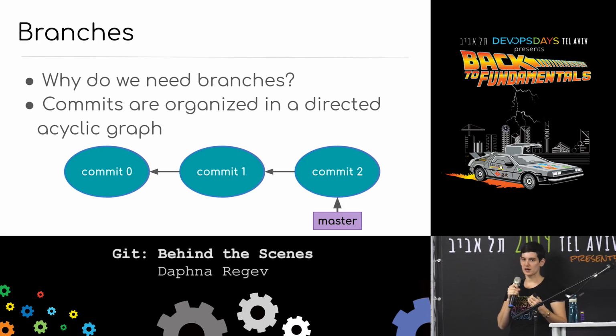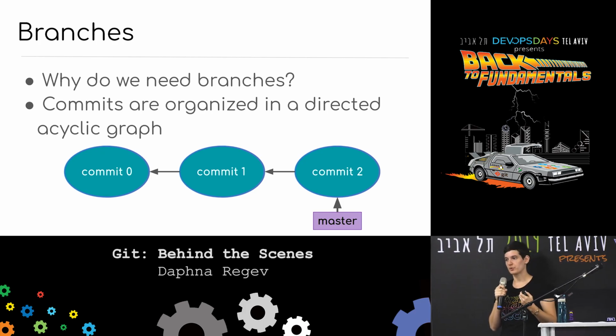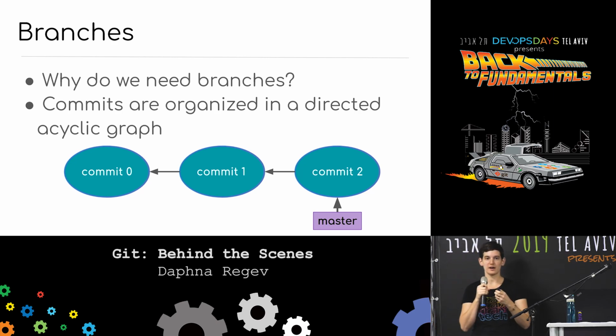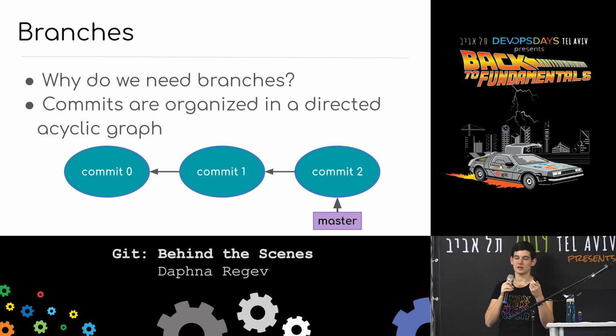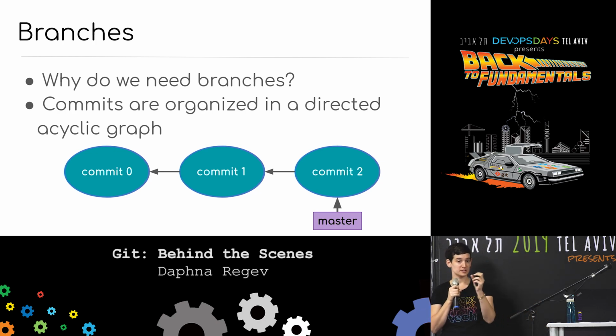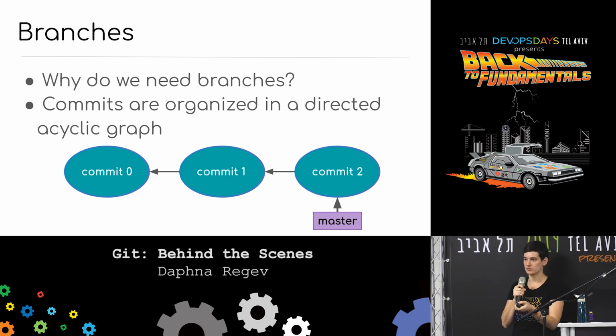So the next thing we need to create our branches is the references. And references, along with objects, are another very important part of Git. Our references are just pointers. They're actually a small file. If we have our .git directory, then inside we'll have a references folder, and inside it we'll have branches. And they're just a small file. The name will be the name of the branch, in this case, master, for example.